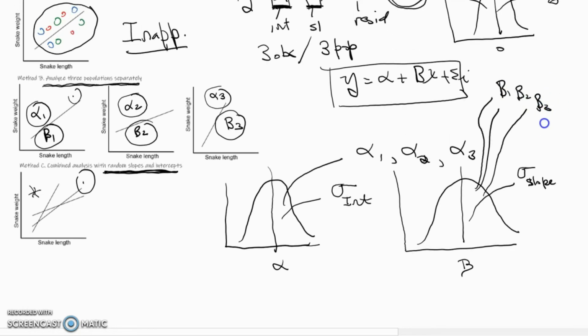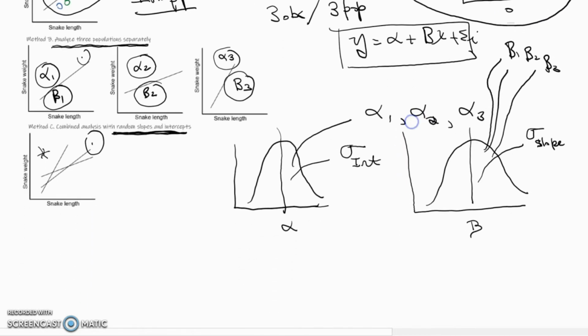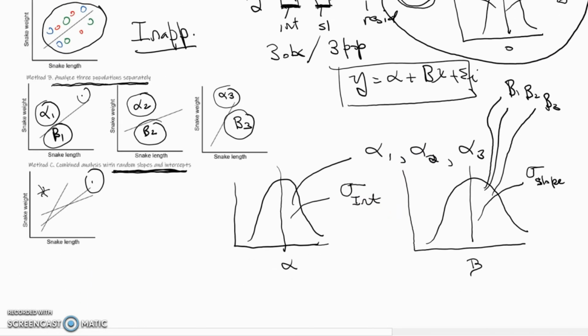And just as before, there will be a residual that comes from a normal distribution with mean 0 and some standard deviation sigma. So the way these 3 lines are going to come about is that this one is based on alpha 1, beta 1, this one alpha 2 and beta 2, this one on alpha 3 and beta 3.